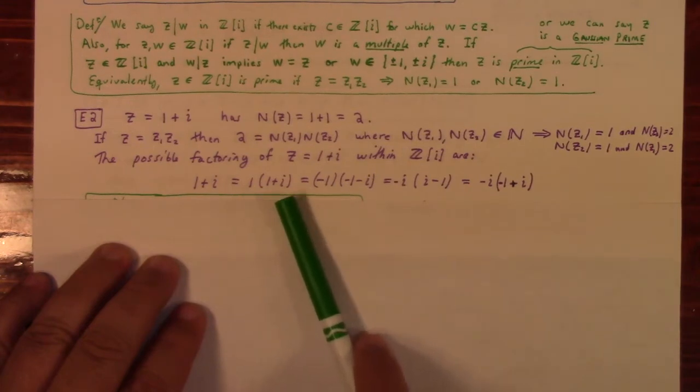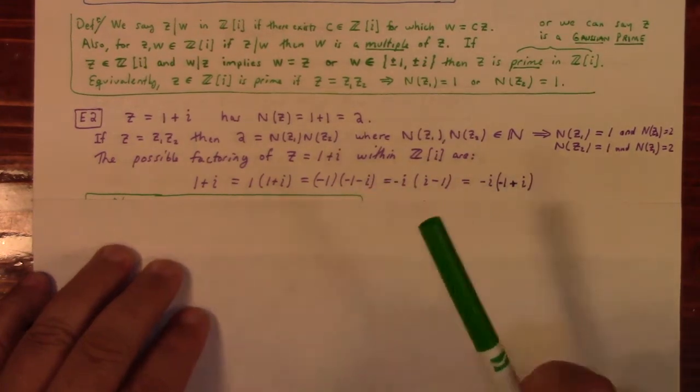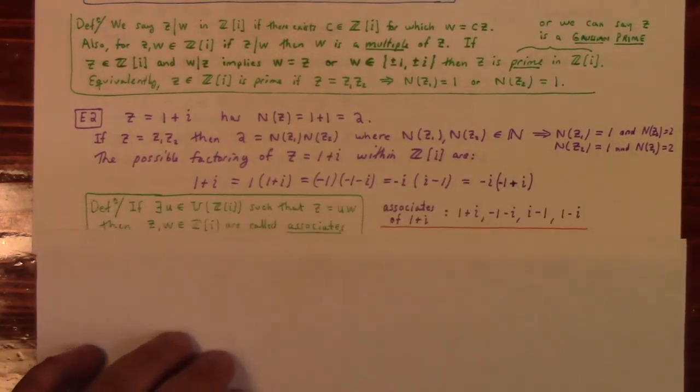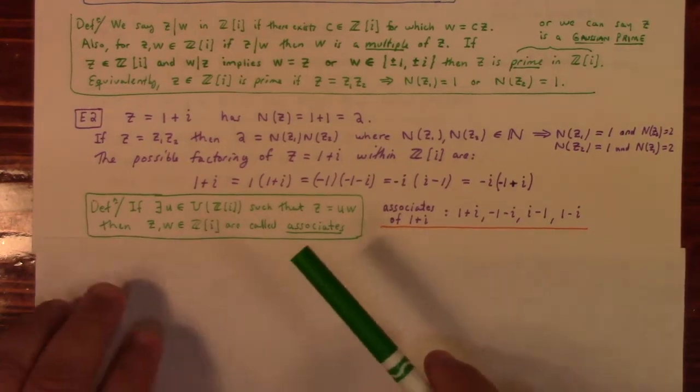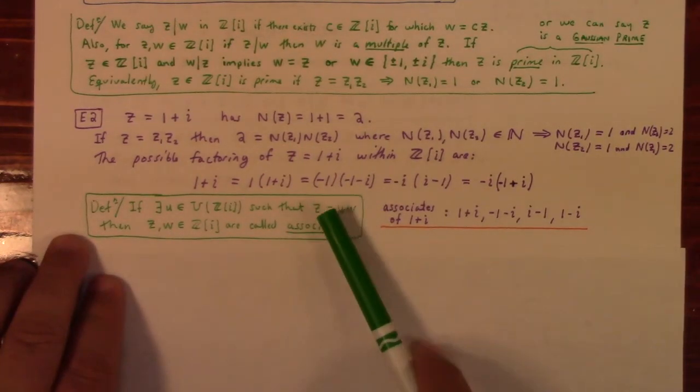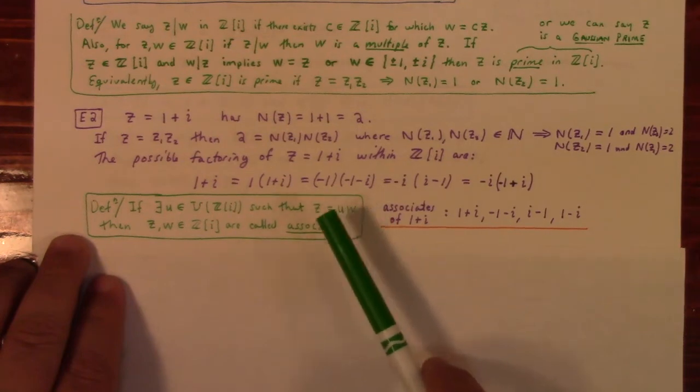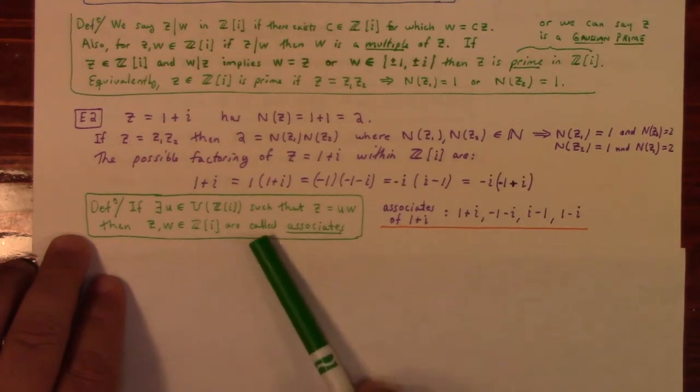But in each one of the factors is a unit. All right. And this is a name. If there exists a unit u such that z equals u times w, then z and w are called associates.